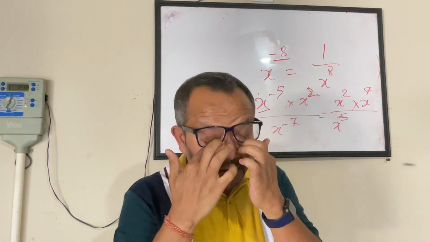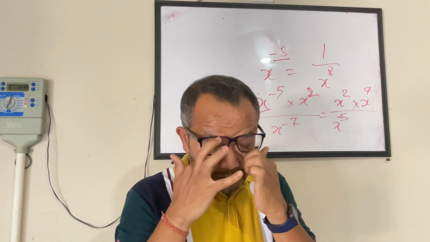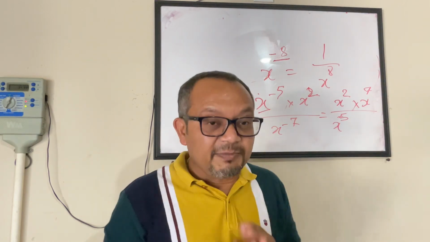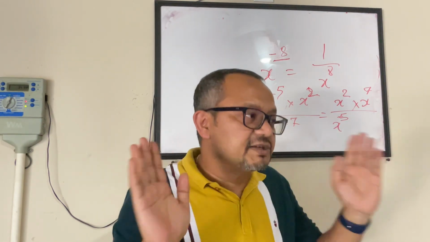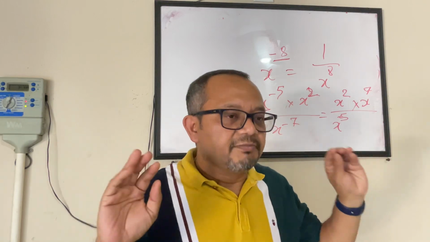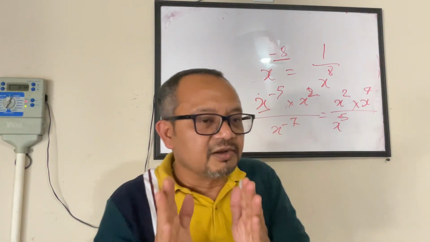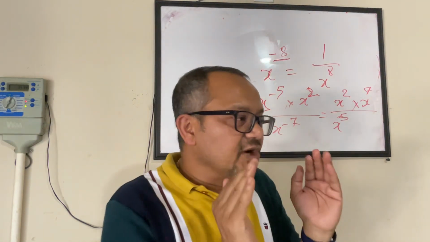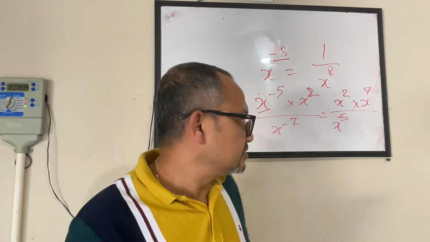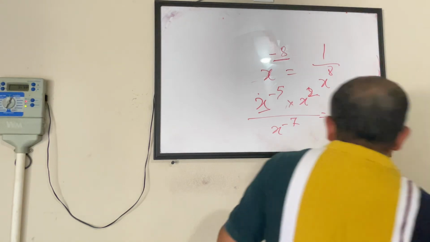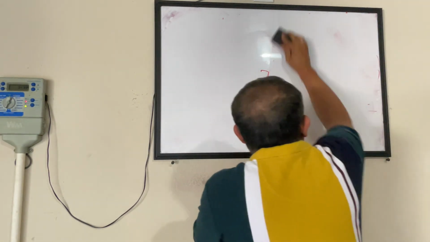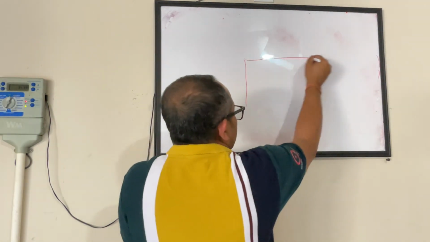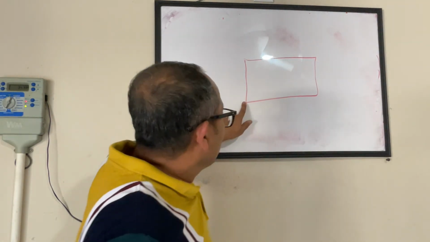When you talk about perimeter of any shape, be it a triangle, a rectangle, a square, a rhombus, whatever, the perimeter tells you the length of the string along the boundary. If this is the shape, what is the perimeter?